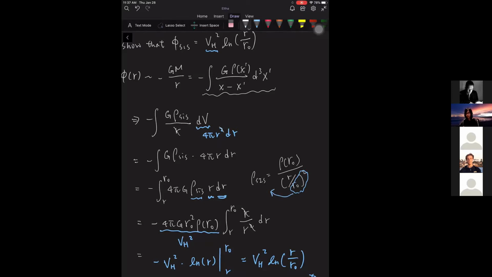This should be r naught squared. So we take the r naught squared outside, and the rho of r naught can also be extracted out. The only terms remaining inside the integral will be the inverse r squared. Does that make sense? Okay, yeah, I forgot about that definition.